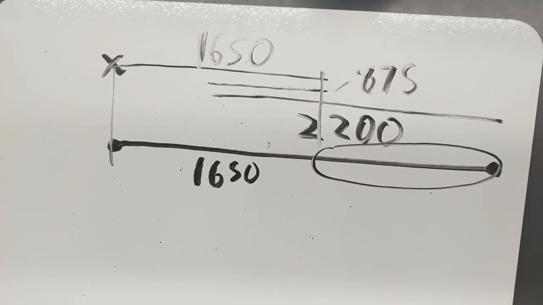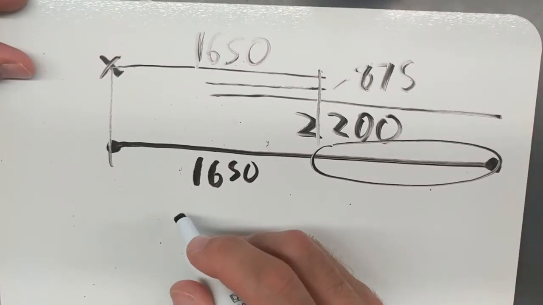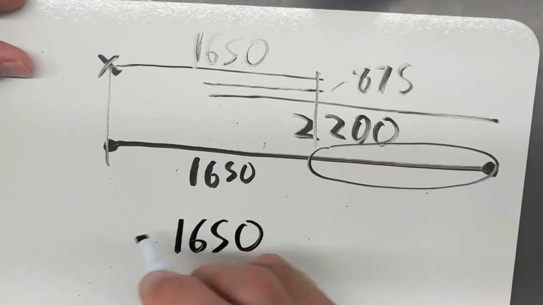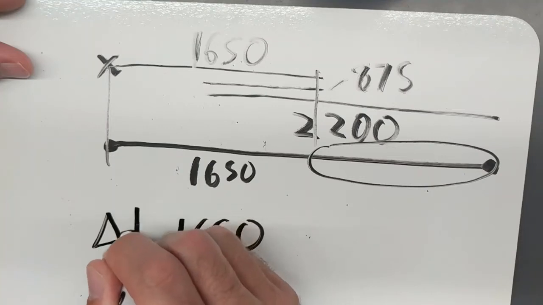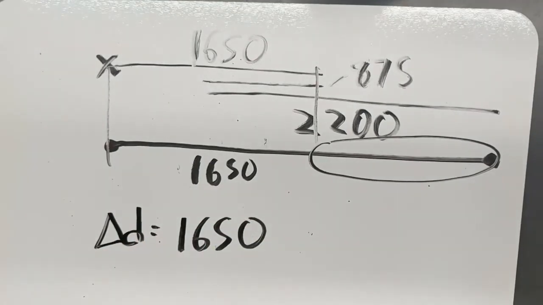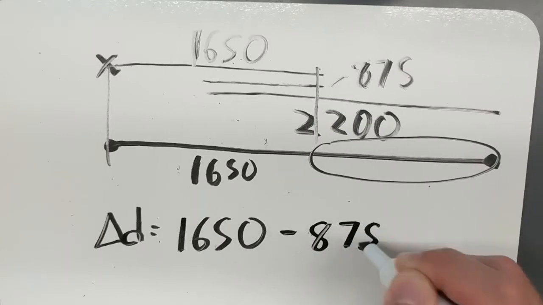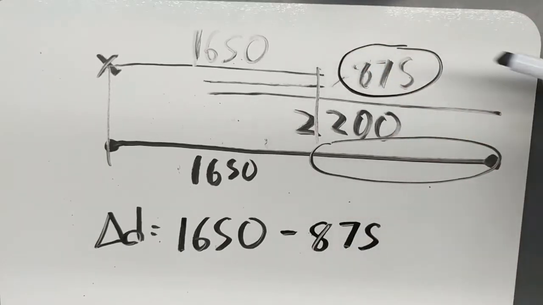That's what you should kind of be visualizing. But if you approach it from a math point of view, it's a little bit easier. You can just add these things up. They went 1650 this way, so delta D is 1650 that way, but then they had a minus 875 because this one is in the opposite direction.